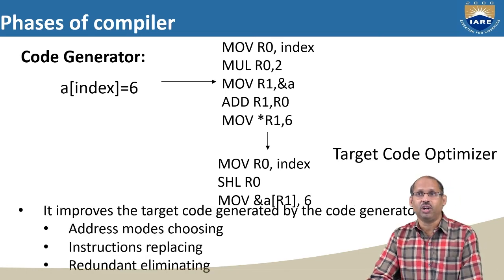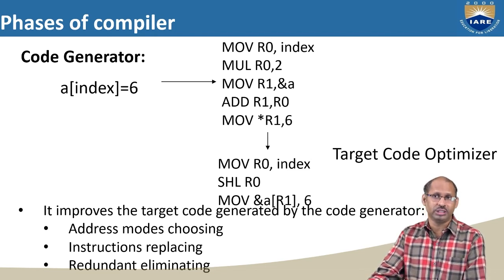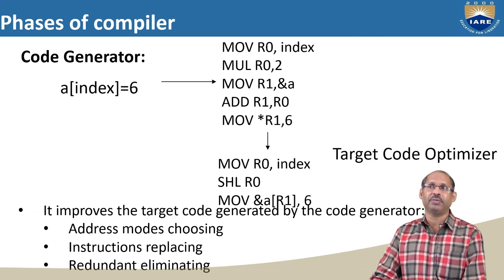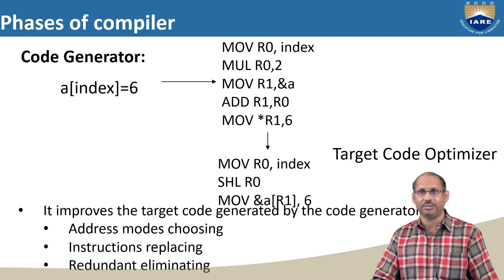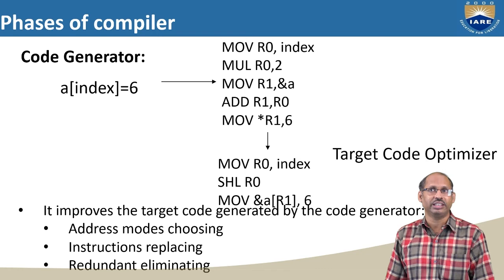It improves the target code generated by the code generator by choosing addressing modes, replacing instructions, or eliminating redundancy. These are the different optimizing methods that we use in the code generator. Later, while we are discussing the code generator, we'll discuss these optimizing methods one by one.